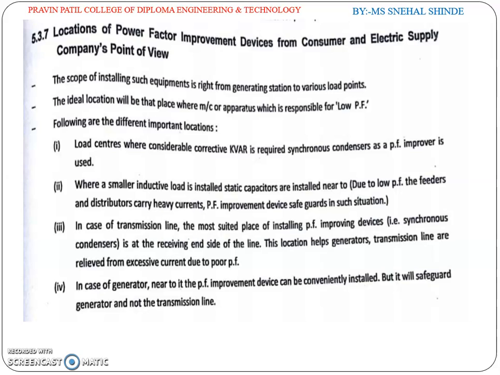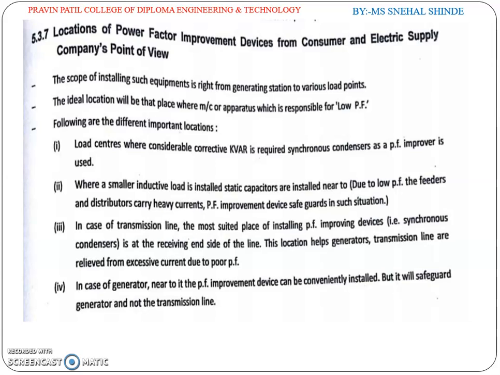However, if synchronous condensers are installed near the generators, then only generators will be relieved from the excessive current component and the transmission lines will have to carry it. The scope of installing such equipment is right from generating station to the various load points. The ideal location will be that place where the machine or apparatus which is responsible for the low power factor is.